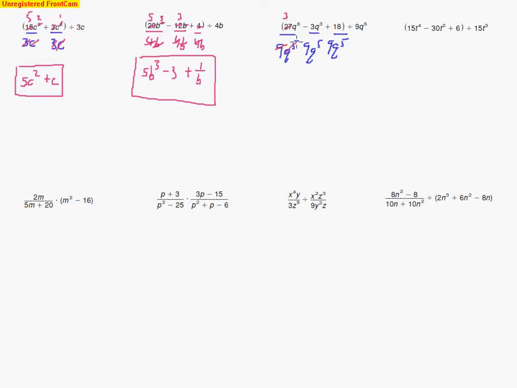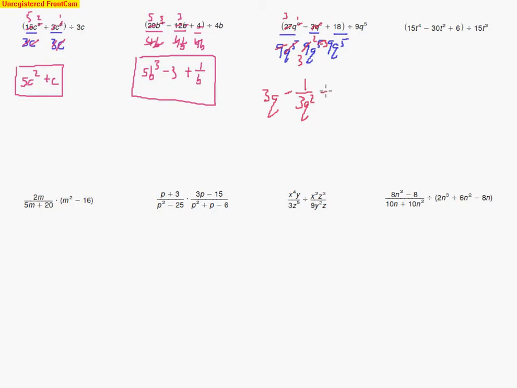And these 5q's cancel out 5q's on top, leaving me with 1q. So I have 3q. Over here, this 3 goes into 9 3 times. So far I have 1 over 3. But let's see how many q's are left. Well, these 3 q's are going to disappear on top. Taking away 3 from the bottom leaves us with just 2 q's on the bottom. So 1 over 3q squared.